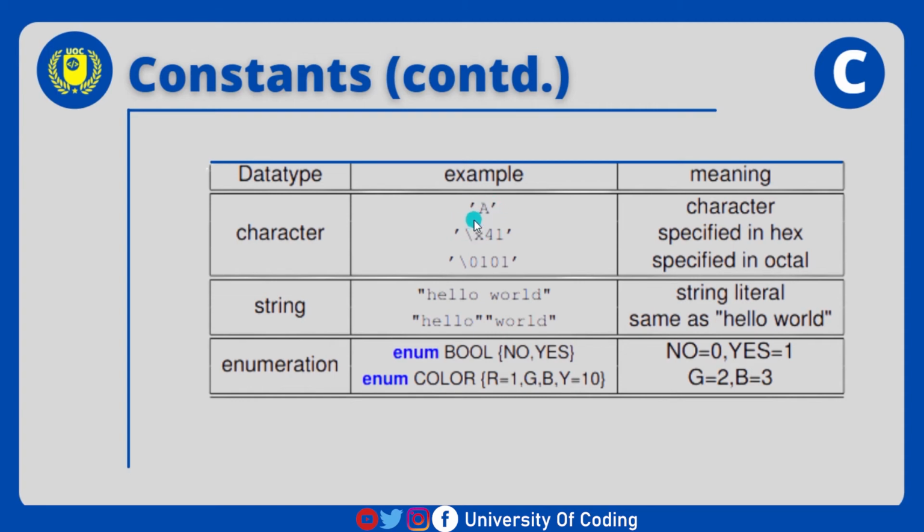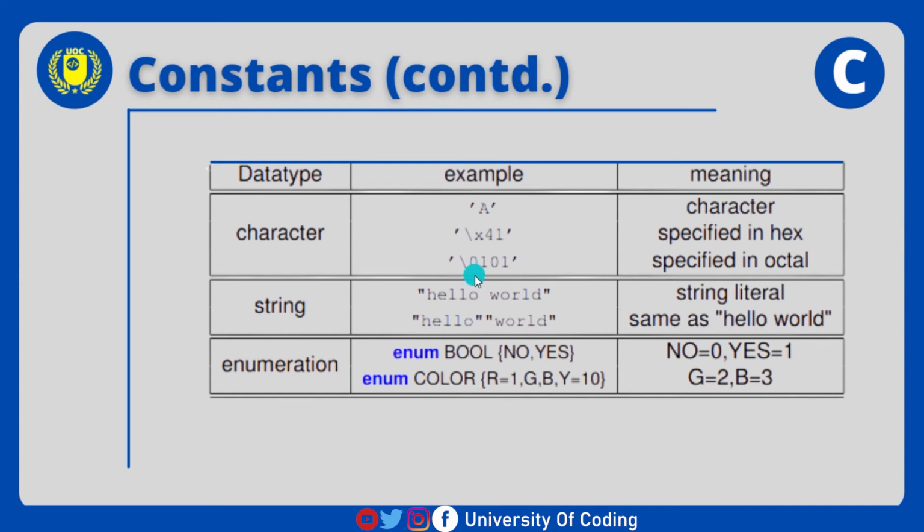Likewise, here they are giving you the value, and any character which has the value 41 in its hexadecimal form, then that character will be printed. Likewise here also. So this is an octal form. If it is followed by an escape sequence and 0, then that will be octal. Simply remember like this.